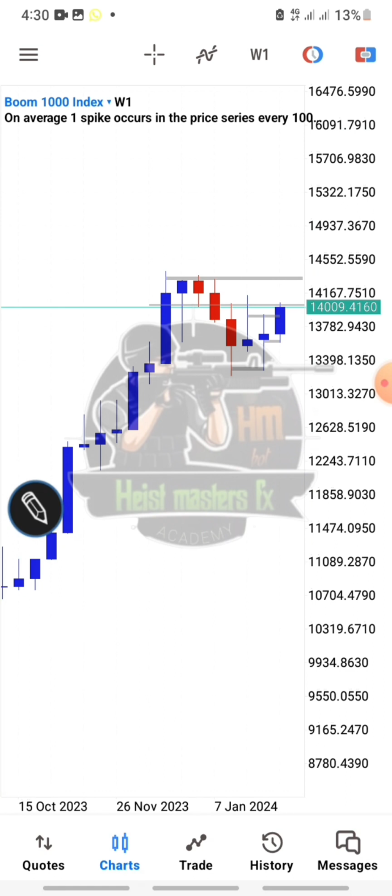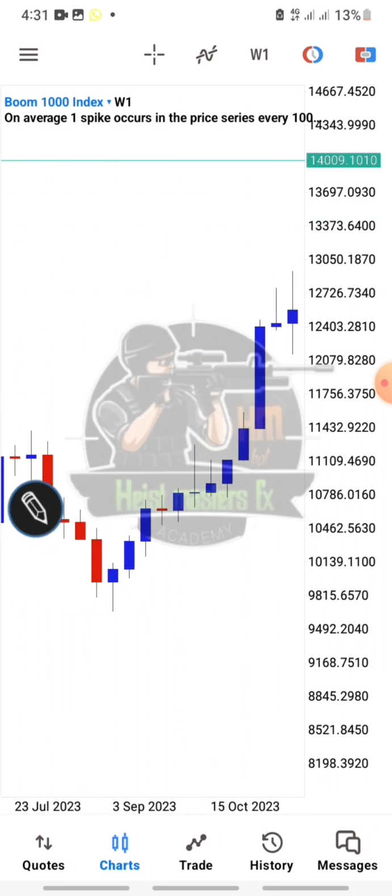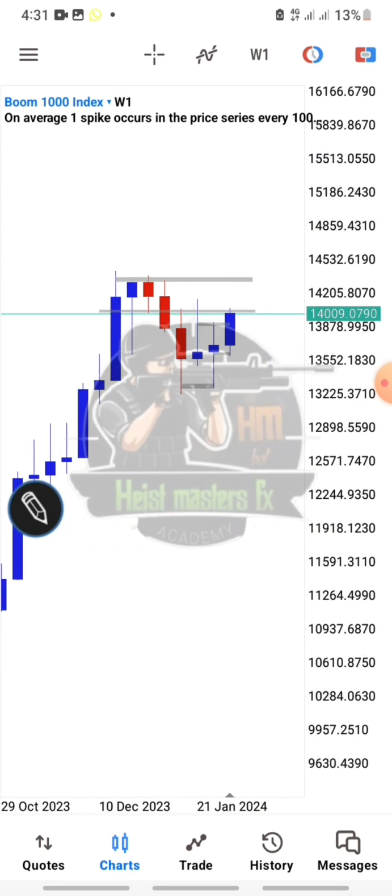Previous week we were in a pullback of this bullish trend, and now I think the market is correcting itself. This was a higher low, and now the market is going to a higher high. But previously we have not had any higher high, so I think the market is going to form a new higher high. That is all the information we have from the weekly time frame.